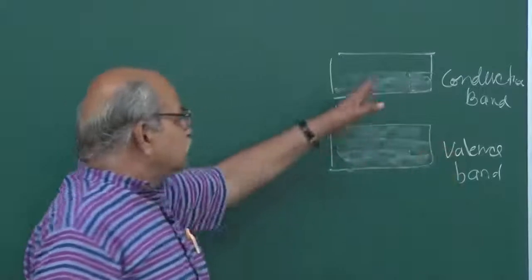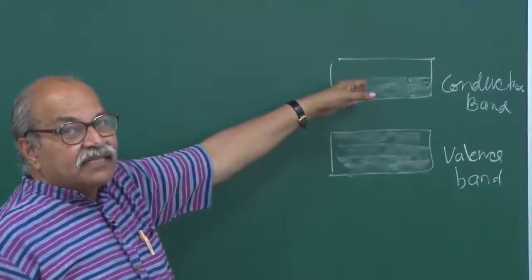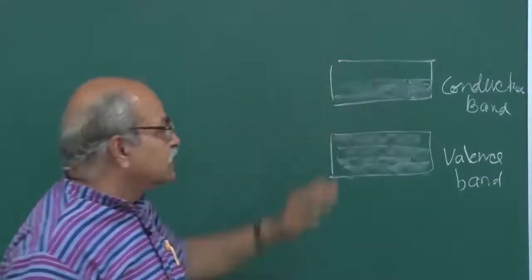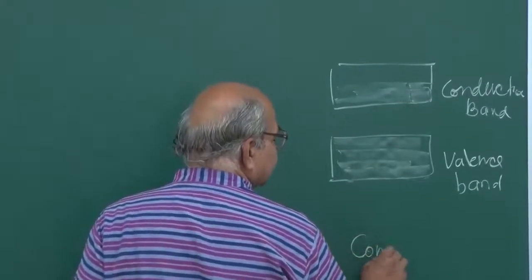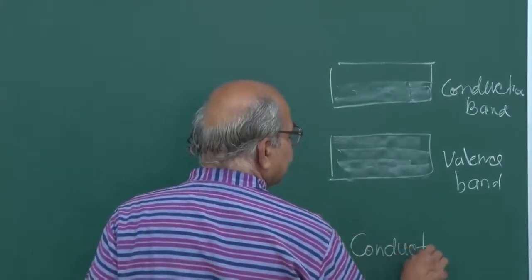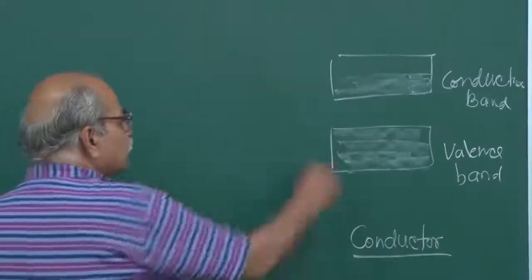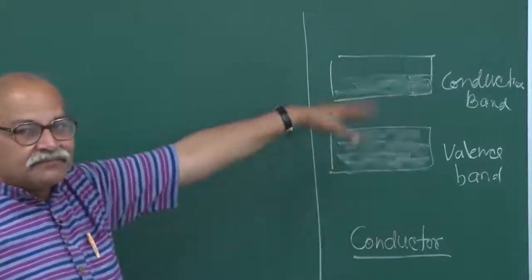You have a large number of quantum states which are filled, and you also have a large number of quantum states which are empty. So this kind of conduction band, we said, will be electrically conducting. So it is in the category of conductor. Metals fall under this category.